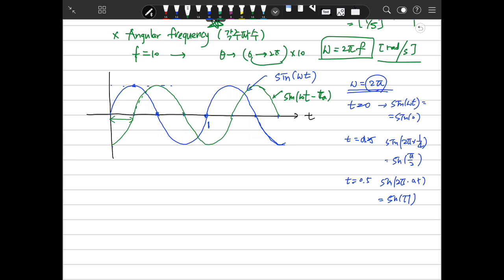Actually, this is not Ta, this is theta. Theta is this length here. This happens at Ta.